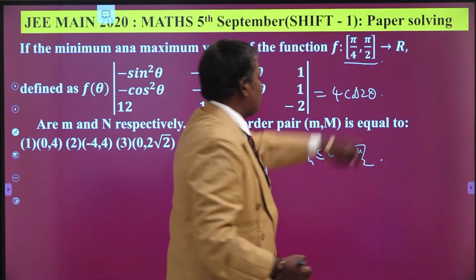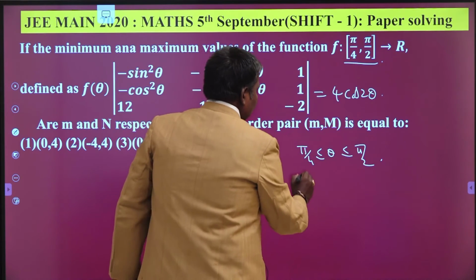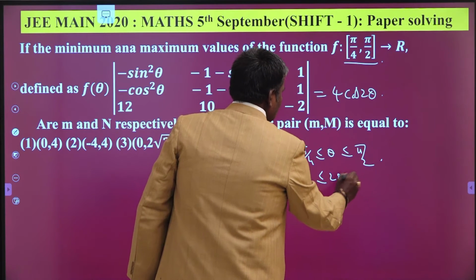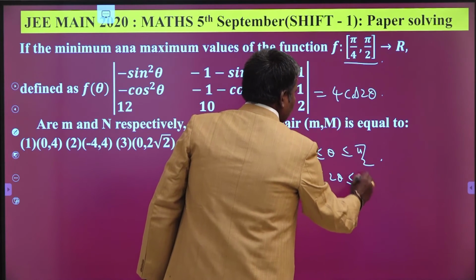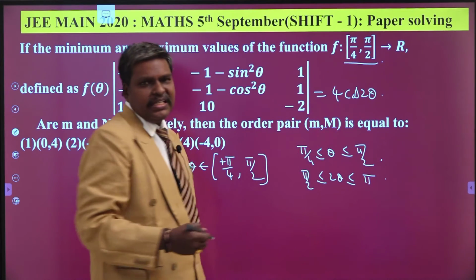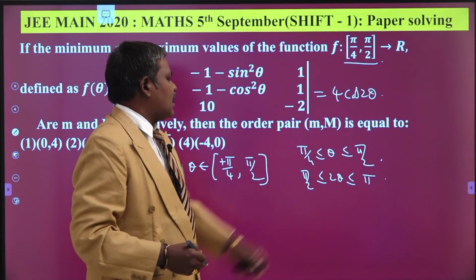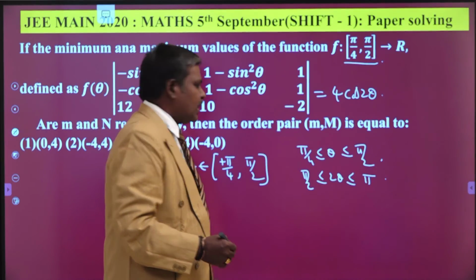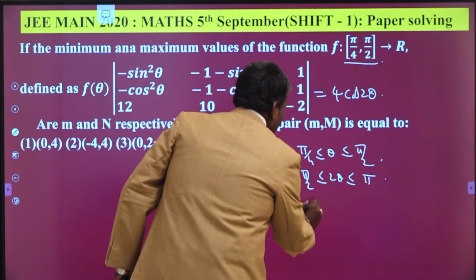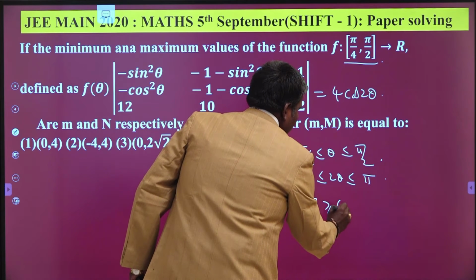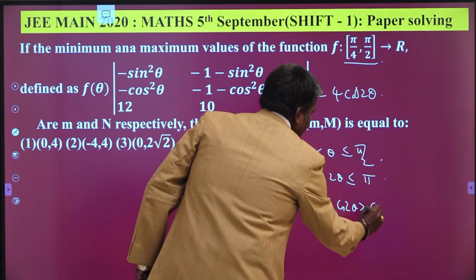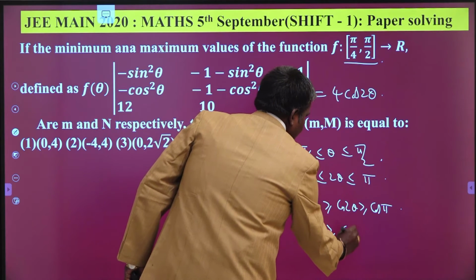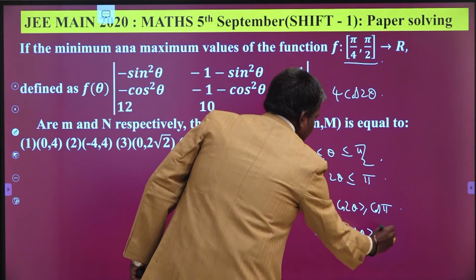Multiplying both sides by 2, pi by 2 is less than or equal to 2 theta is less than or equal to pi. Since cos is a decreasing function, when you take cos on both sides, the inequality is reversed: cos pi by 2 is greater than or equal to cos 2 theta is greater than or equal to cos pi. What is cos pi by 2? 0. Greater than or equal to cos 2 theta greater than or equal to minus 1.